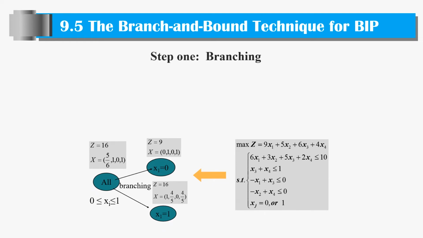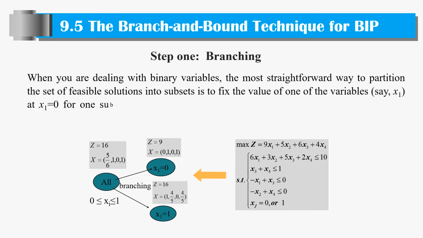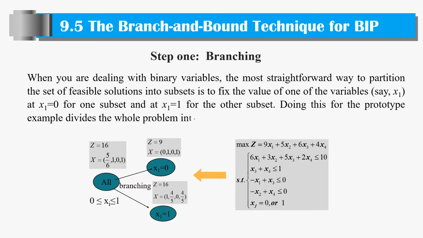Step 1, branching. When you are dealing with binary variables, the most straightforward way to partition the set of feasible solutions into subsets is to fix one of the variables, say x1, at x1 = 0 for one subset and x1 = 1 for the other subset.